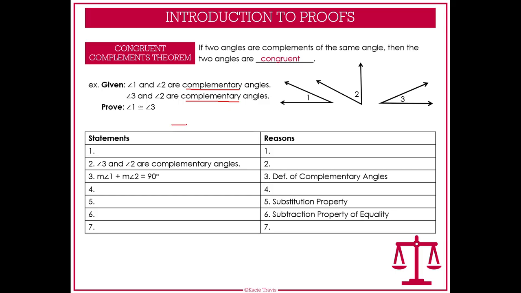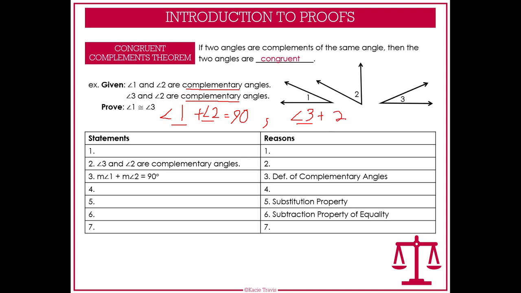Complementary means we have two angles that add up to equal 90. So we have two pairs of angles that do this. One is angle 1 plus angle 2. The other is angle 3 plus angle 2.